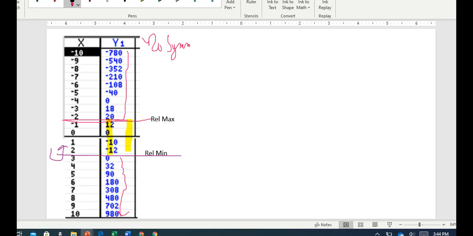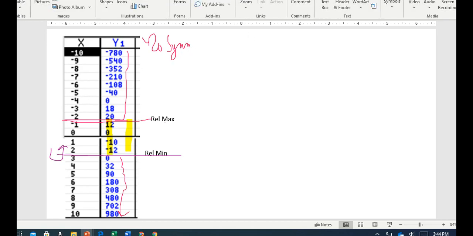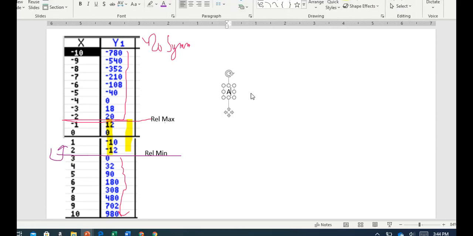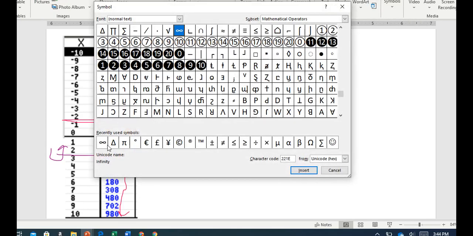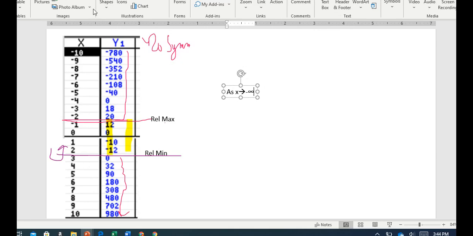Let's take a look at end behavior. So as x goes towards negative infinity, what happens to your y values?